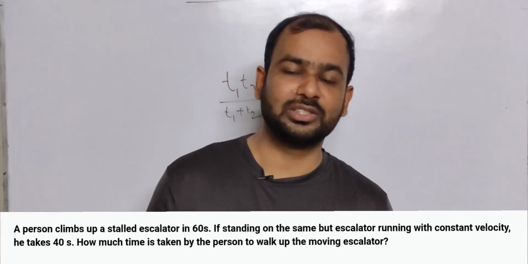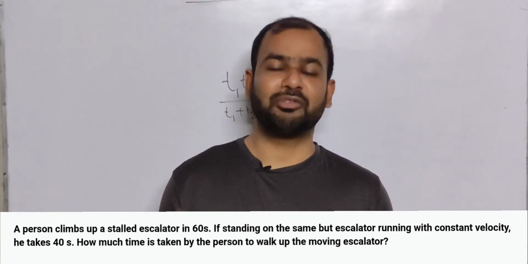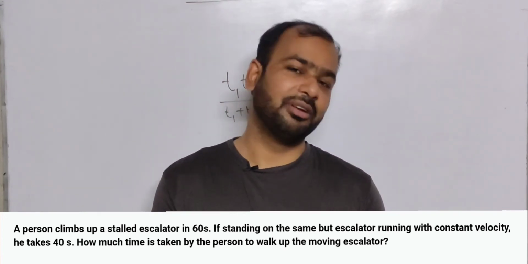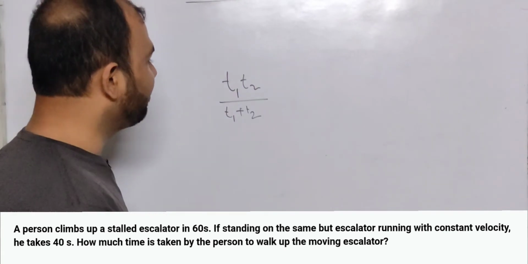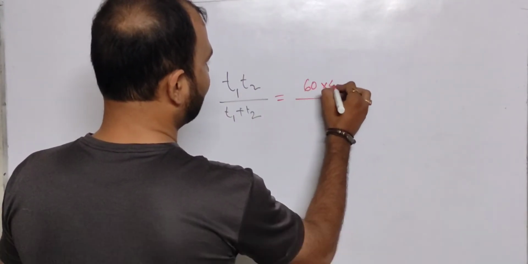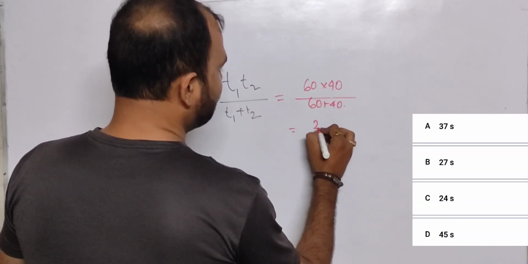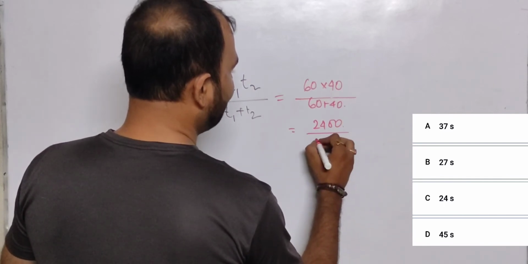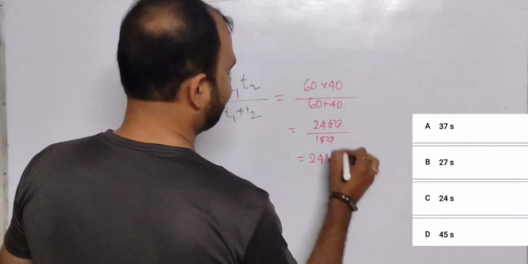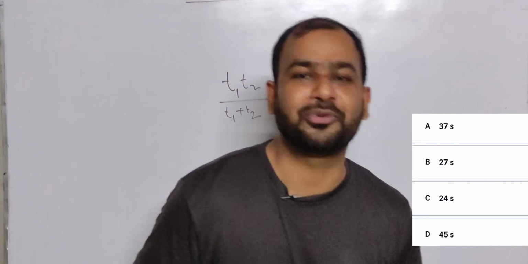What is the difference in this question? The time is in numerical form, 60 seconds and 40 seconds. That means after 7 years, they have repeated the question. If we remember the result, we simply do 60 into 40 divided by 60 plus 40, 2400 divided by 100, 24 seconds. 24 seconds is your answer, and the correct option is option number C.